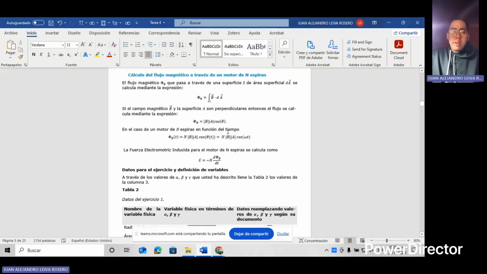For a motor with N identical loops, we simply multiply the single loop flux by N to get the total flux. This multiplication assumes that the same flux passes through each of the N loops, which are valid in closed space and similarly oriented.